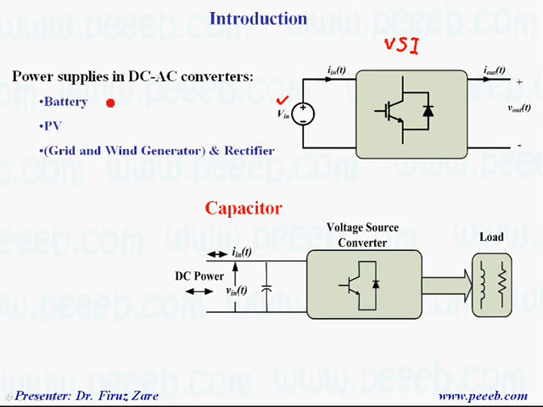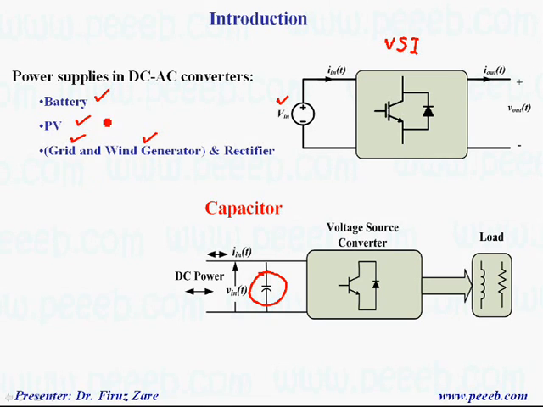It can be a battery, it can be PV, or it can be a rectified voltage coming from grid or wind generators. So the point is that because of harmonics, we can normally use capacitor to be able to remove the ripple.